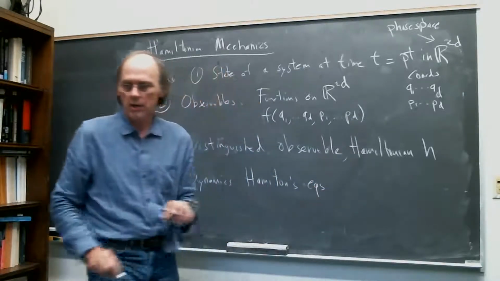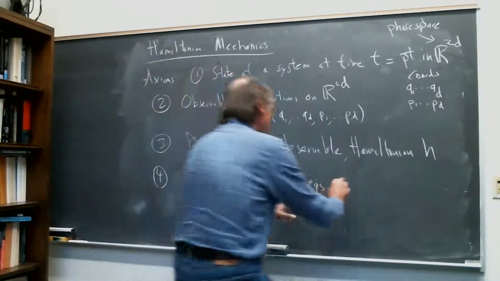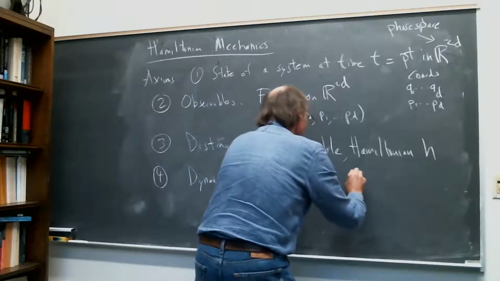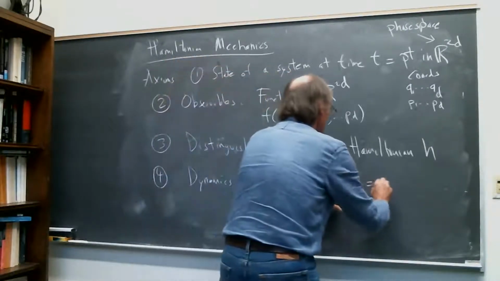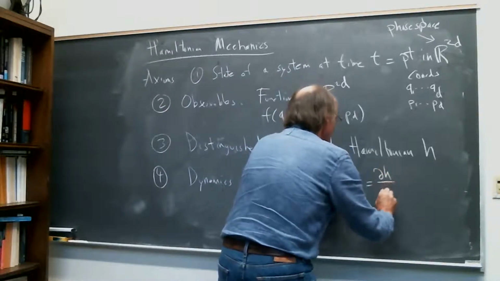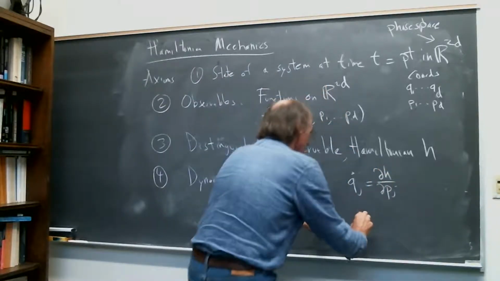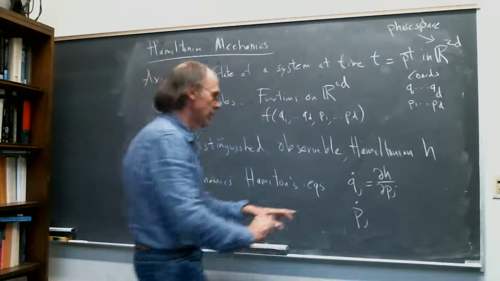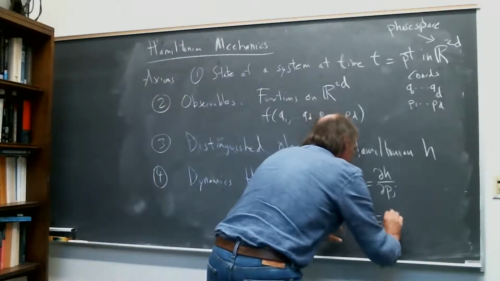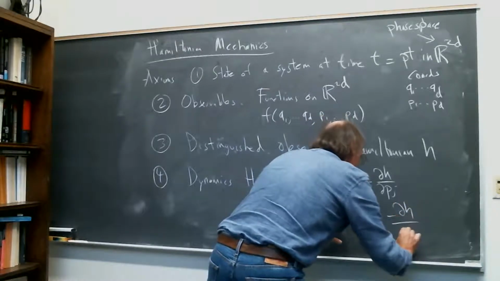And these say that q_j dot, the time rate of change of the q_j's, is going to be the partial derivative of h with respect to the p_j's, and the time derivative of the p_j's will be minus the partial of h with respect to q_j.